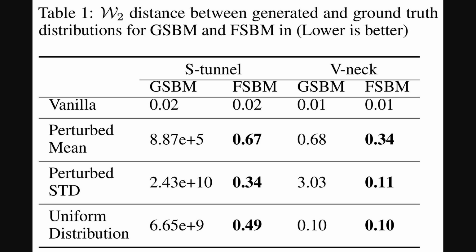And especially under those "perturbed" conditions where things are a bit off, Feedback Schrödinger Bridge Matching consistently achieves much lower W2 distances, for instance, 0.67 versus a massive 8.87 E plus 5 for GSBM. This numerical data strongly supports the visual improvements.